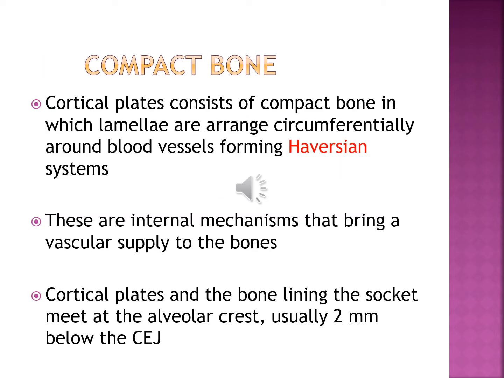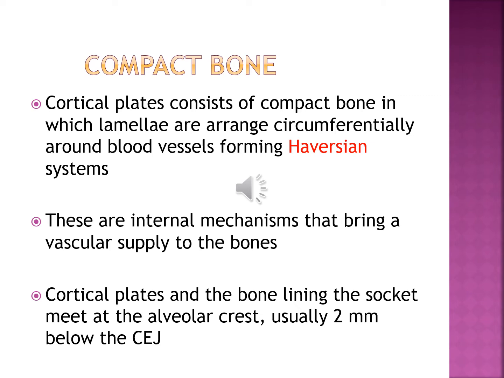The cortical plates are usually made of compact bone. Compact bone is very tough and very hard, in which the lamellae are arranged circumferentially around the blood vessel, forming a Haversian system.